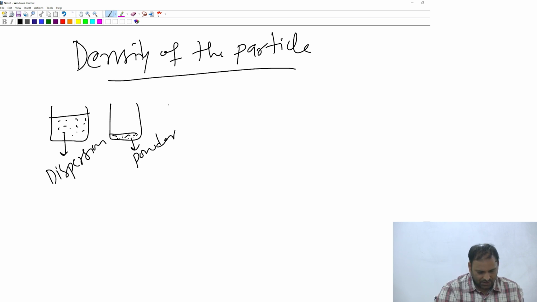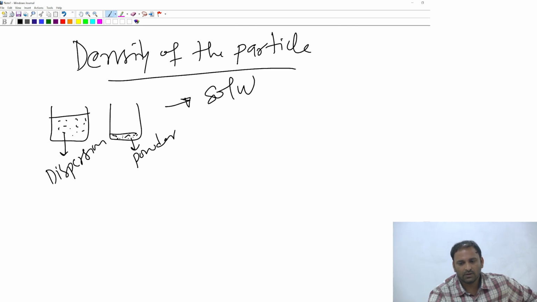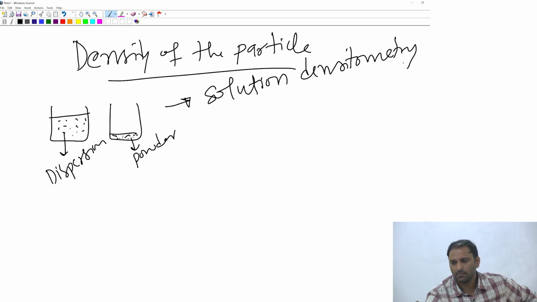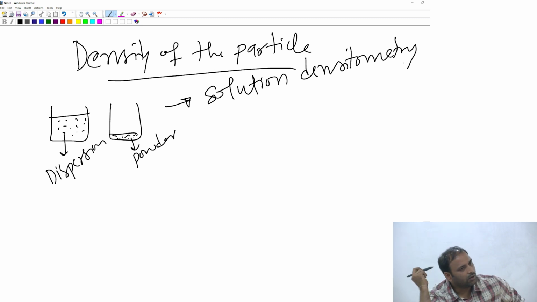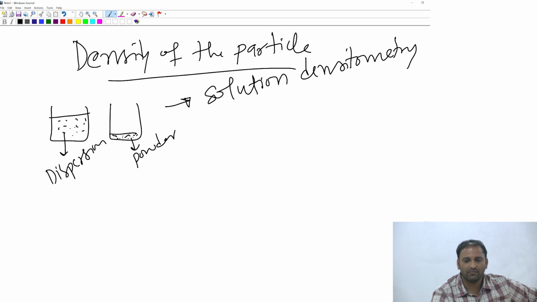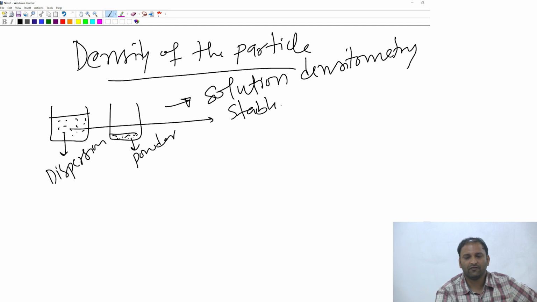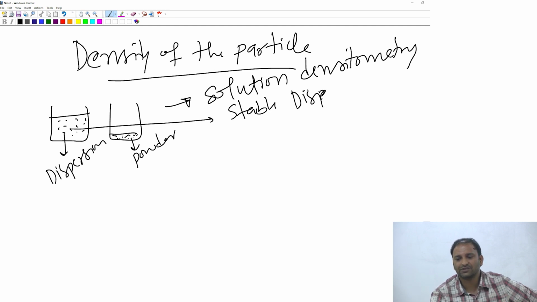So there's a technique called solution densitometry. What is done is this. Say that I could have a powder sample, or I could have a dispersion given to me. If I have a way of making what is called a stable dispersion.